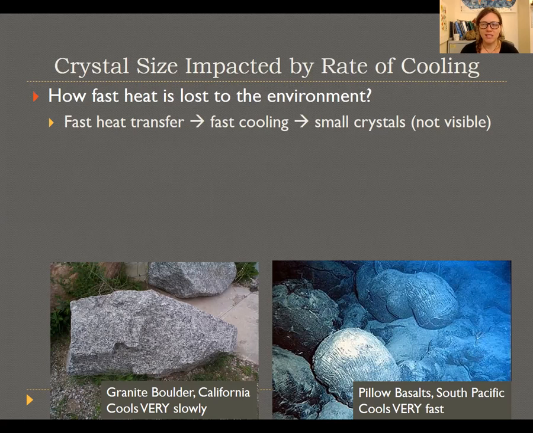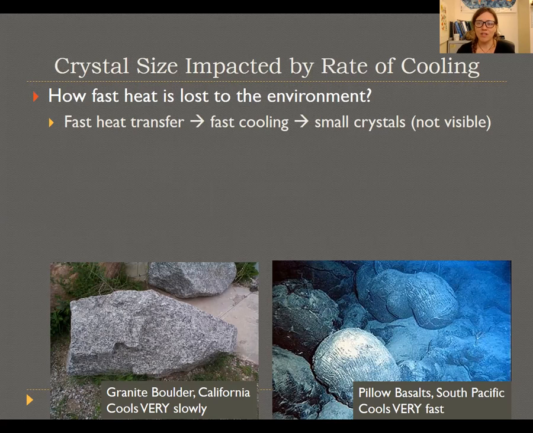So when lavas spill out onto the Earth's surface, especially in the deep ocean where it's very cold, there's going to be a really rapid heat transfer from the lava to the air or to the water, which results in fast cooling, and that results in the formation of crystals from this melt that are very small. They don't have enough time to grow into large crystals that are easy for us to see.